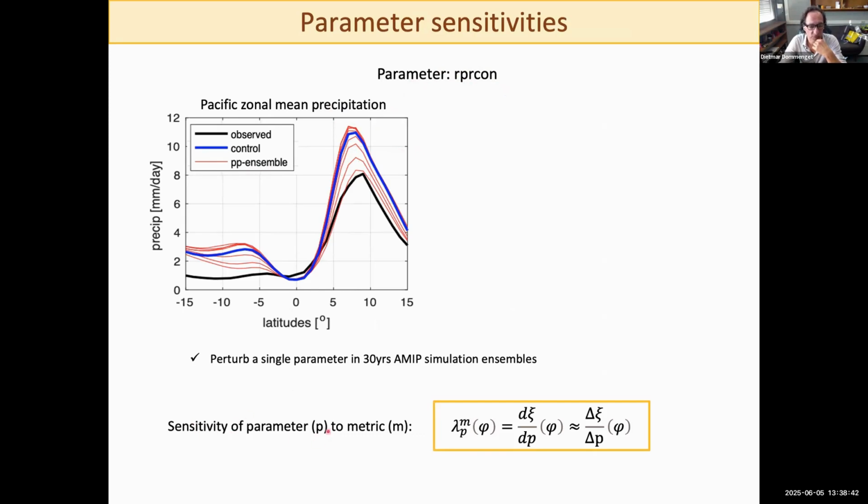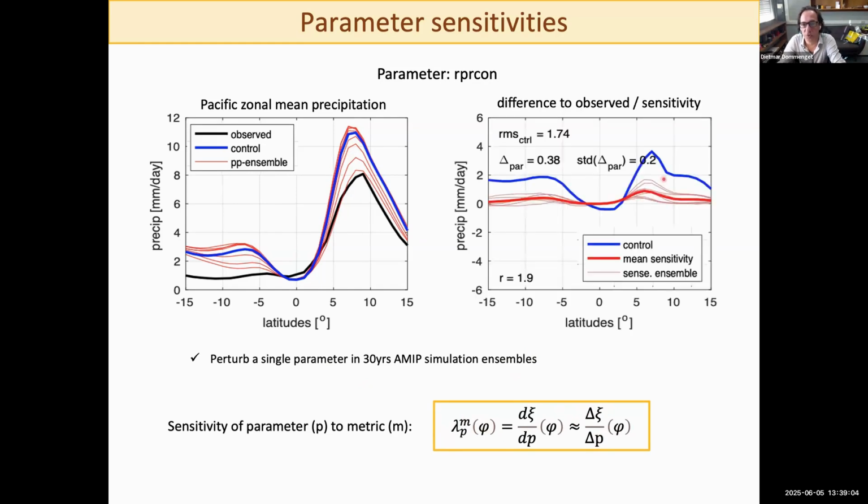We can say that for the given parameter, for the given matrix, our sensitivity as a function of, here in this case, latitudes, is basically the change in the physical variable, which is here precipitation, per change in parameter in these experiments. So in each of these experiments, we know by how much we have changed the parameter by a certain value, and then we can actually calculate the sensitivity. This is shown here. So the blue, for comparison, is just the observed difference of the control one.